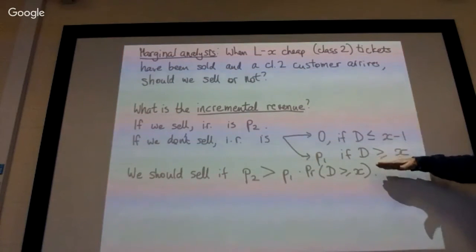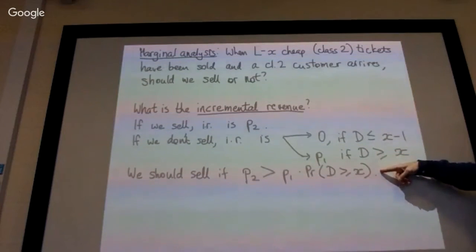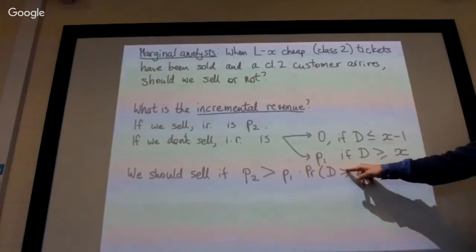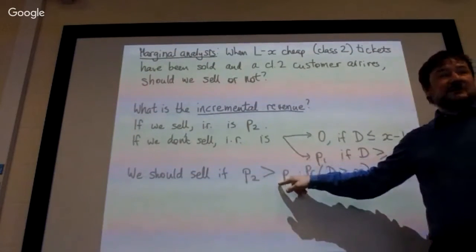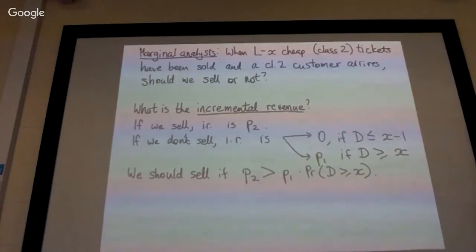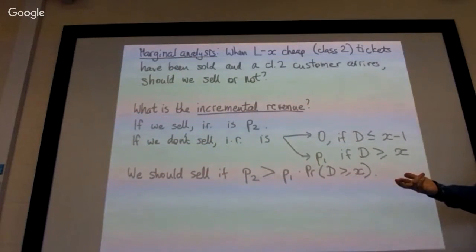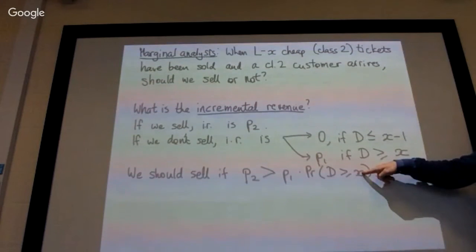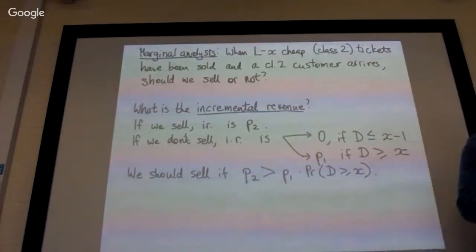As X is decreasing, so what we still have left in store for the class 1 customers is going down, this probability is going up. And at some point, this product is going to be larger than that. And the first time this is larger than that, this is when we've sold too much. Okay, so we're looking for the last X, and we're going down, for which this is still like that.